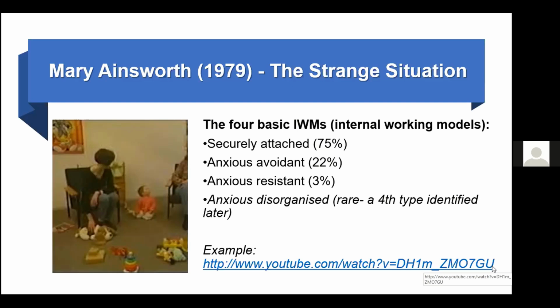And then the children that would be classed as anxious resistant, or anxious ambivalent is another term you might hear used there. They tend to be more insecure and attention seeking in school. And as adults, they will have strong feelings of dependency, which can be really stressful for their partners and those that they build relationships with.